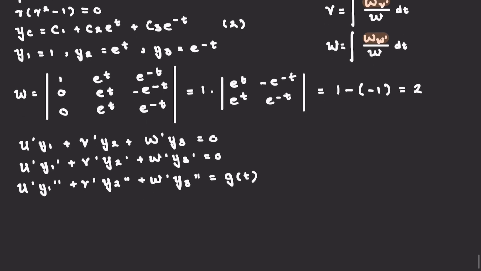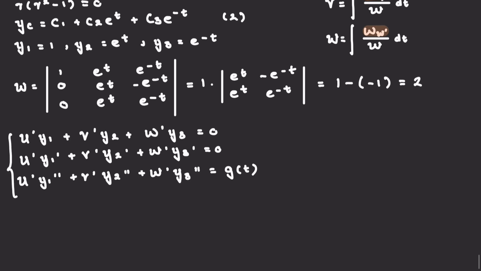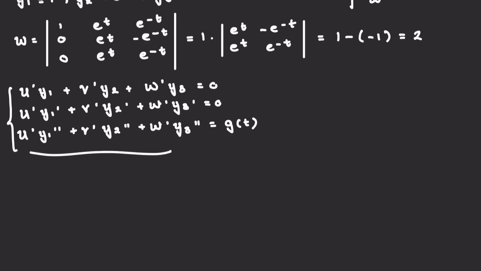So we have a system of equations here that will be represented as a matrix, and we will calculate the determinant of a 3 by 3 matrix. As you can see, we have 3 coefficients here, which are just u prime, v prime, w prime.